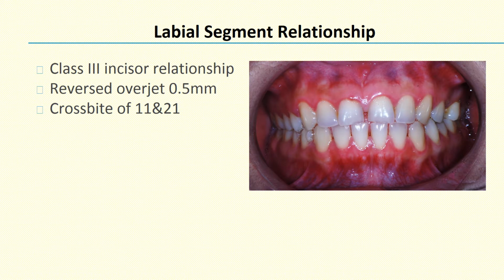For labial segment relationship, this patient has a class 3 incisor relationship where edge to edge could be seen. That's a reverse overjet of 0.5 mm and crossbite of 1.1 and 2.1.